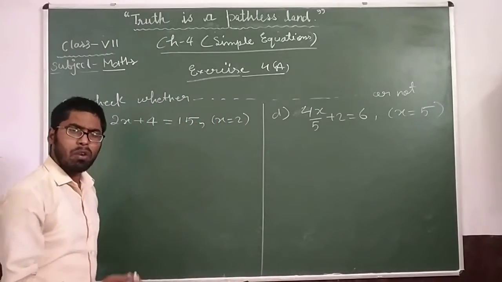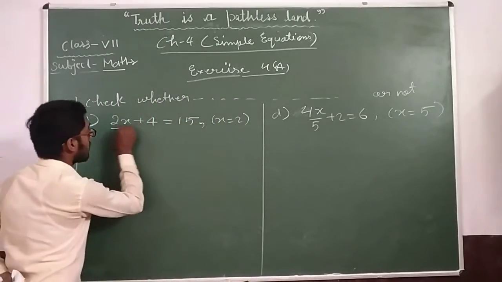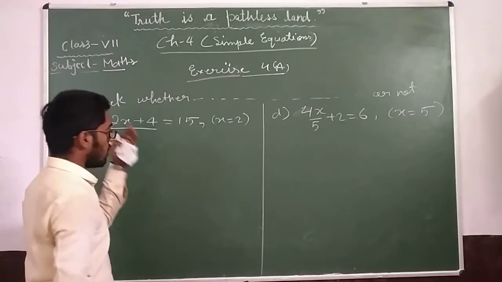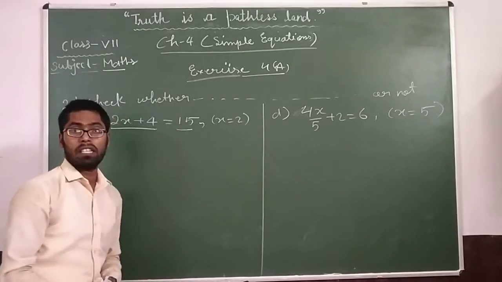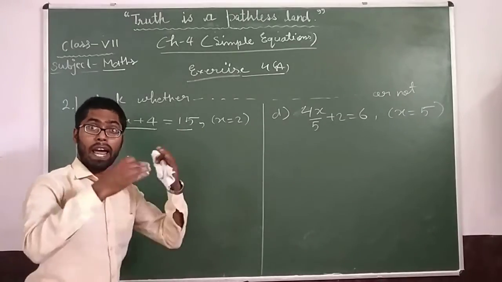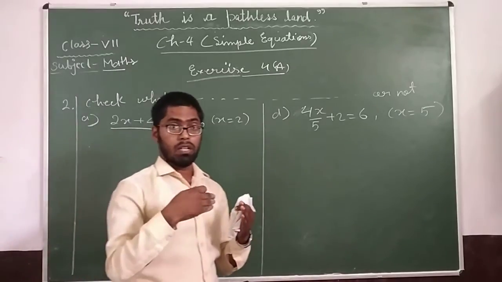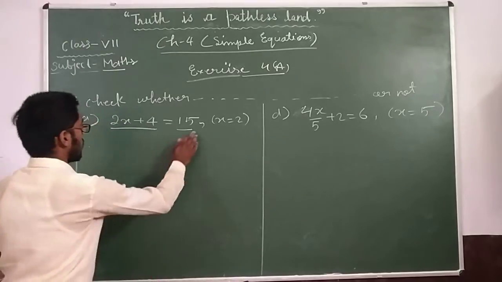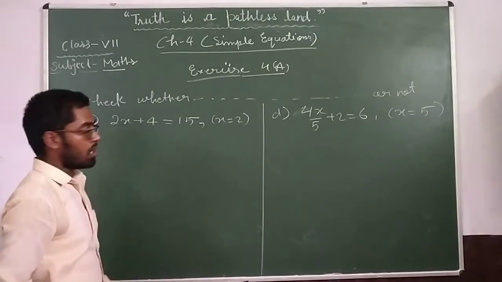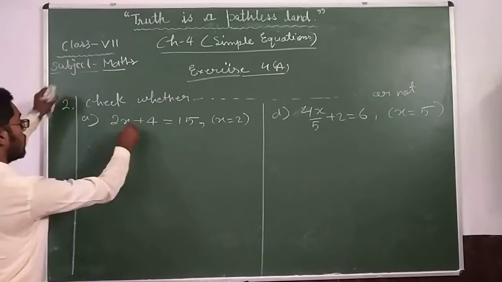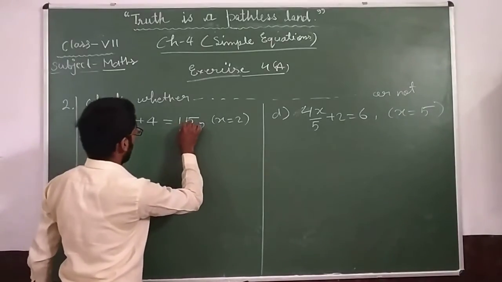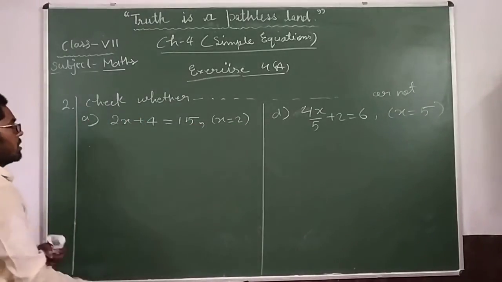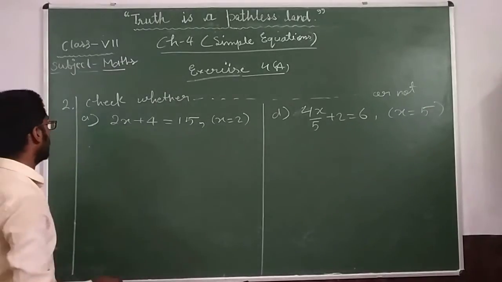LHS means left hand side, and RHS means right hand side. When you put the value of x in this equation, the left hand side should be equal to the right hand side.